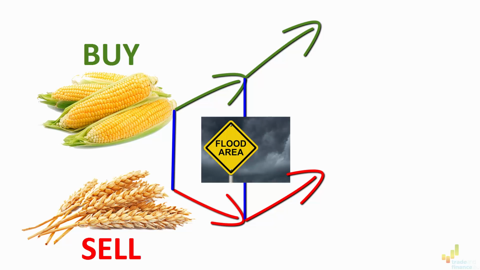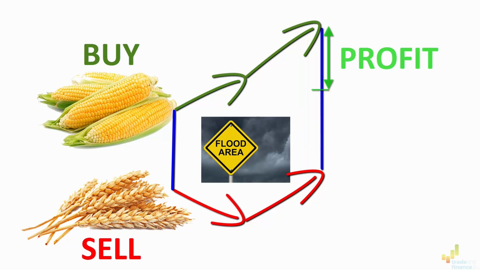However, in our case of spread trading, the price difference between the two commodities remained the same because the flood affected both commodities in a similar way. Therefore, commodity spread trading is considered much less risky than standard trading.